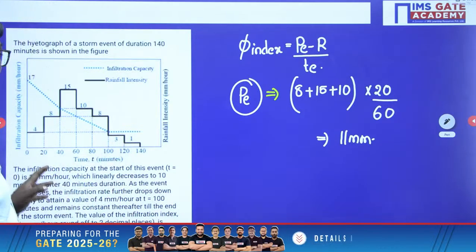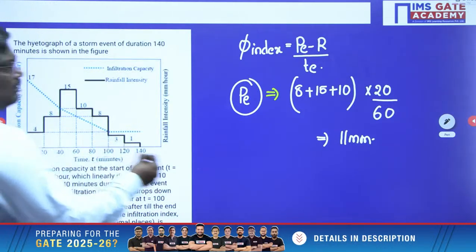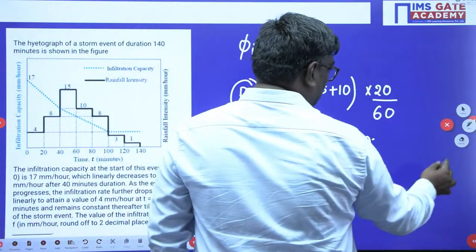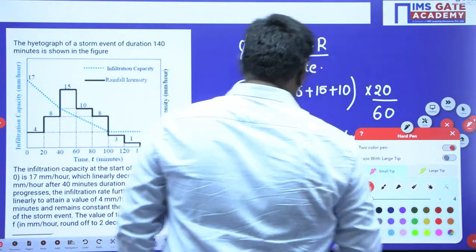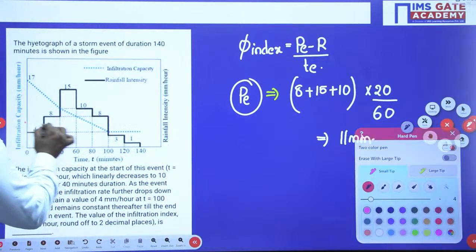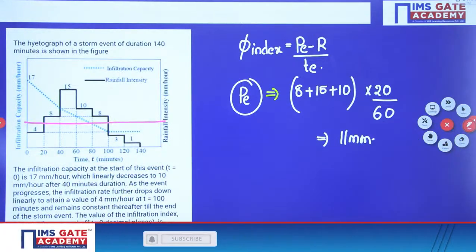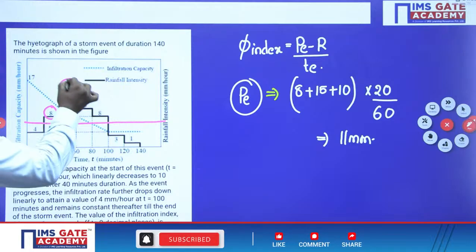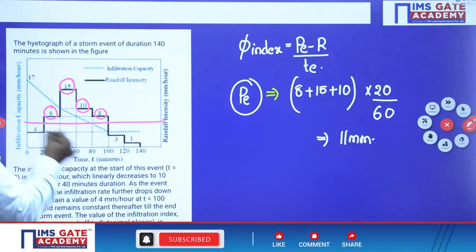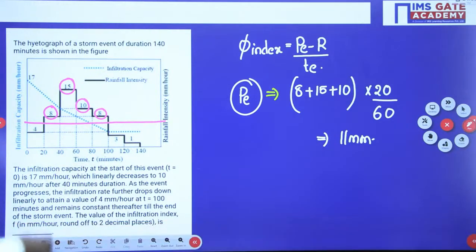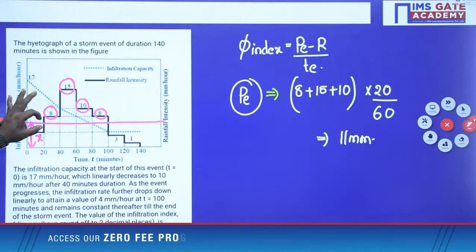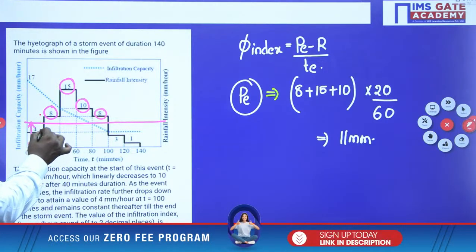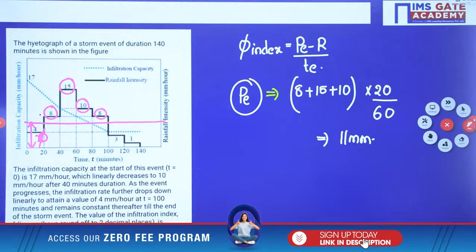But if I assume the infiltration index is somewhere here, then for the values 15, 10 and 8, if you find the difference, I am assuming this as some x. So what will be this value, sir? 8 minus x. Actually it is how much, sir? 4 mm. They have given 4 mm per hour.